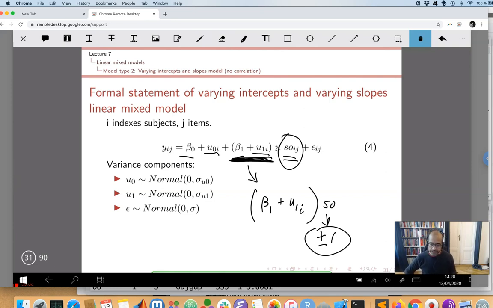And so the important thing to notice is that apart from the standard residual standard deviation, I've added two new sources of variability, and these are called variance components in statistics, right? They're sources of variance in the model.